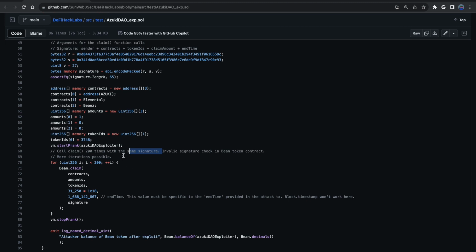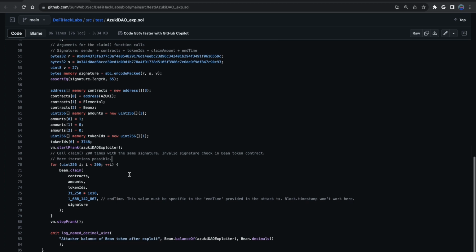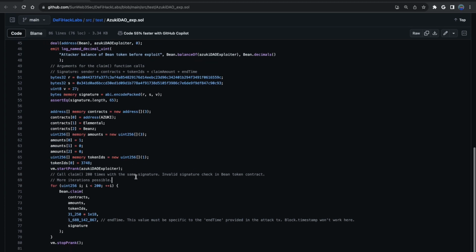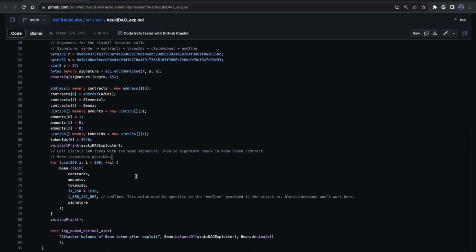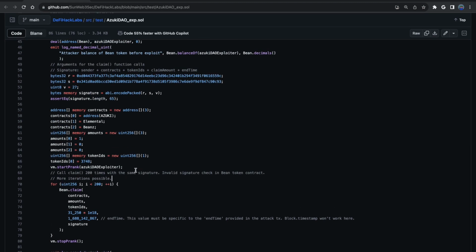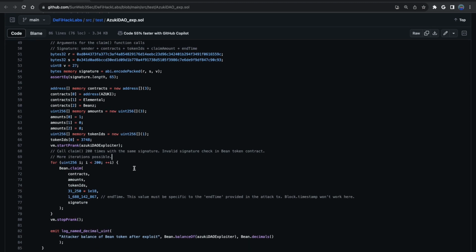So when you have a contract that allows people to submit signatures to maybe mint an NFT or claim some sort of tokens or DAO tokens, whatever it is, there needs to be some type of check to make sure that the same individual cannot submit their signature again. So this is what happened.